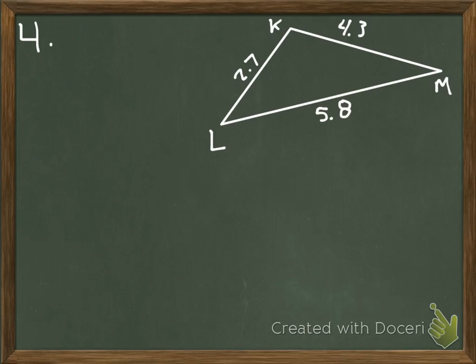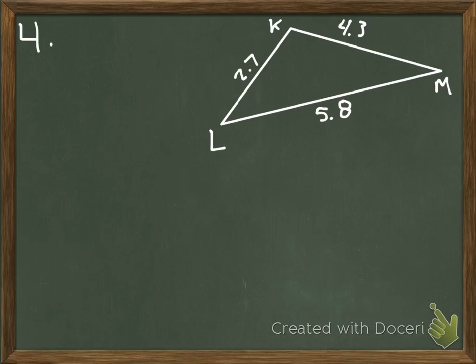Okay, for number 4, it's asking us to list the angles of each triangle in order from smallest to largest. So we have the three vertices: angle K, angle L, and angle M, and they want us to order them from smallest to largest. Let's start with the smallest side.